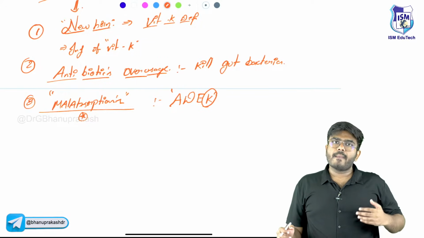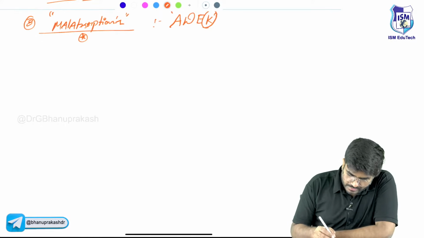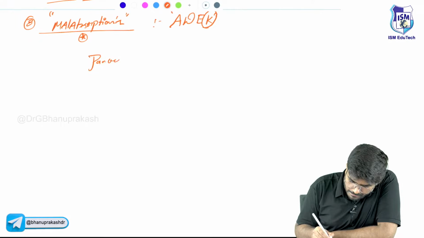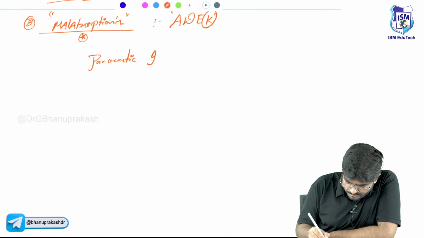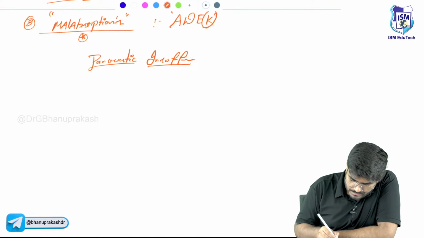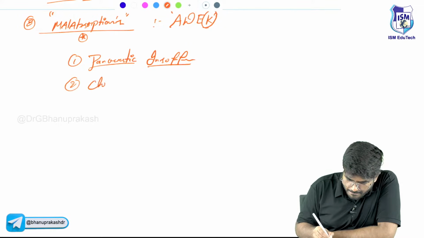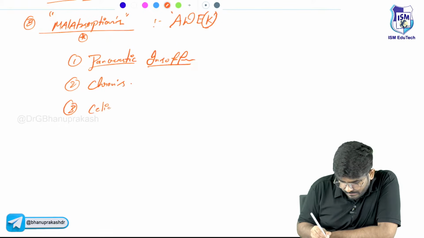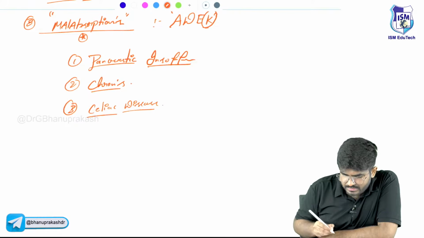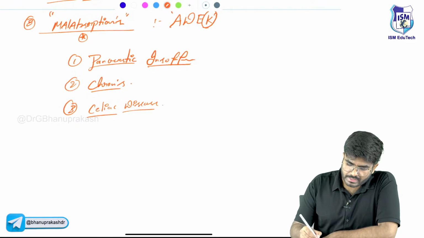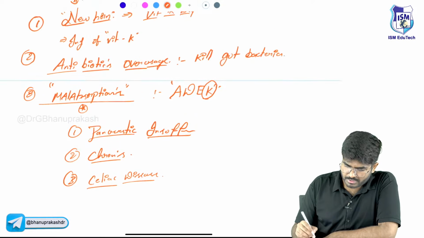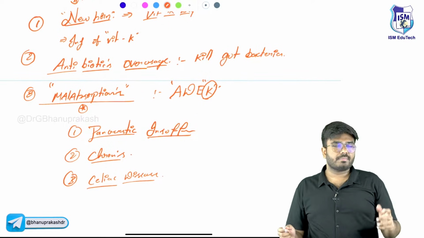So in conditions like pancreatic insufficiency, Crohn's, celiac disease, where there is malabsorption, vitamin K deficiency can be seen.